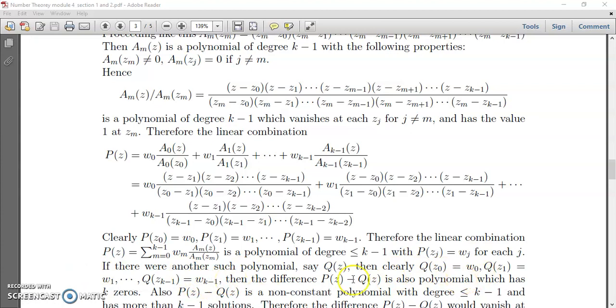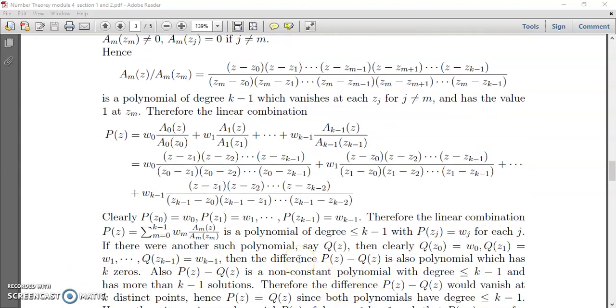If this happens, then the difference p of z minus q of z is also a polynomial, of degree at most k minus 1, and it has k zeros.